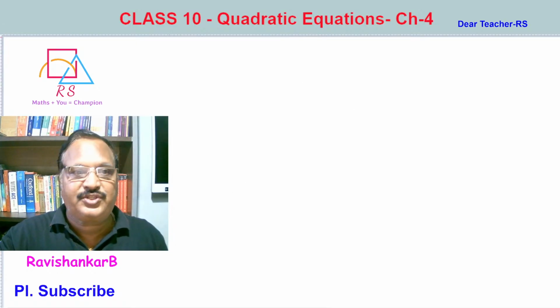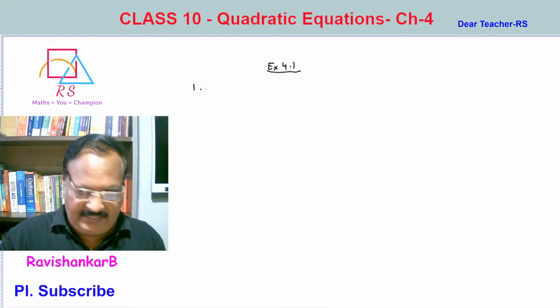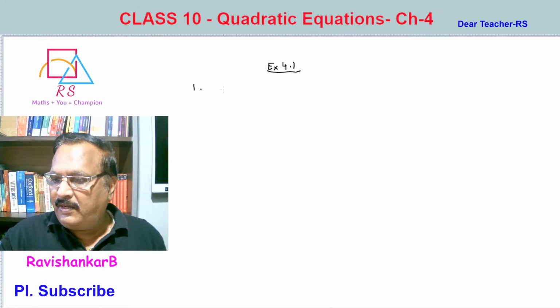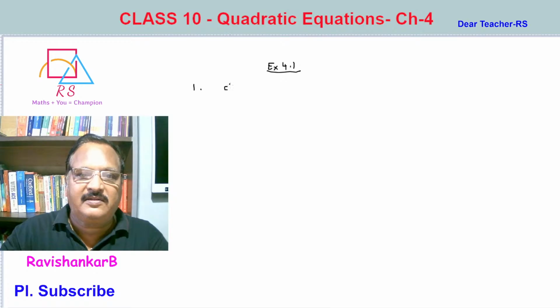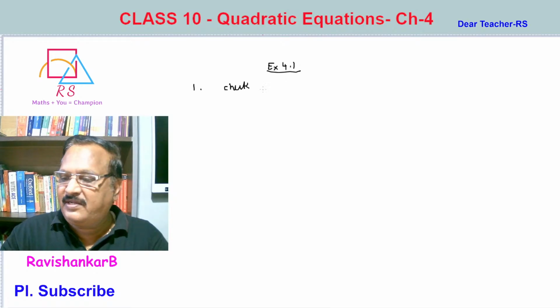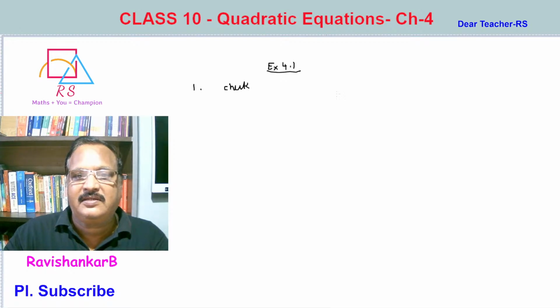Let me start 4.1 exercise. In the 4.1 exercise, first question is check whether the following are quadratic equations or not. So you have to check whether the given things are quadratic equations or not.